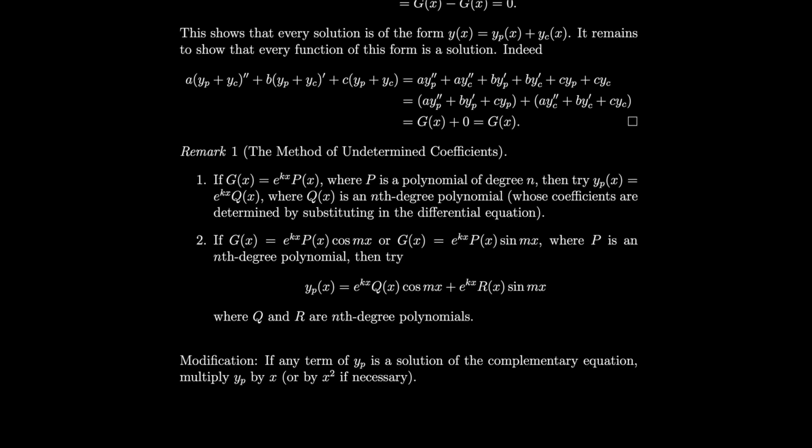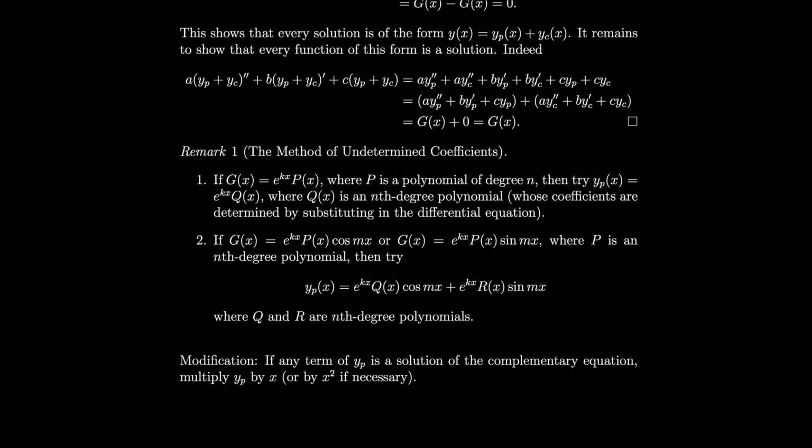So the way that we'll solve these things is using two different methods. Our first method will be the method of undetermined coefficients. So we take a look at the structure of g of x. If it happens to be an exponential function, either times a polynomial or times a sine or cosine function, then what we'll do is take our particular solution and try to make it a more general version.